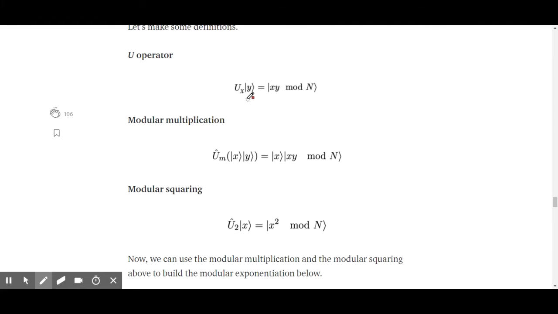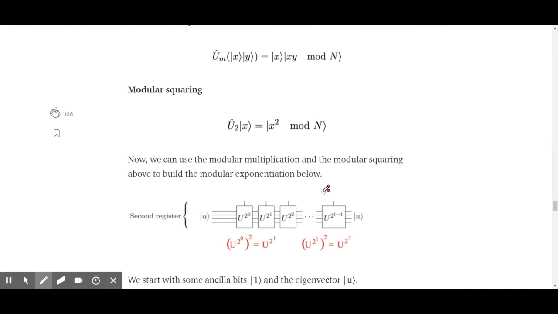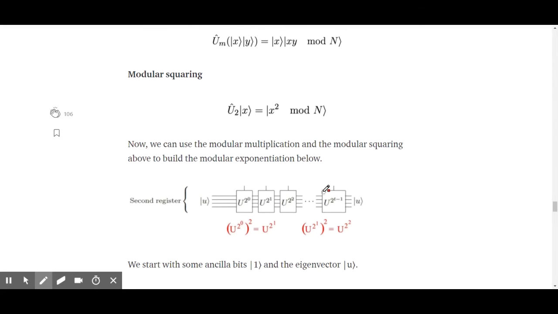So it's defining x, y, so x times this. Now we can use the modular multiplication and the modular squaring above to build the modular exponentiation below.